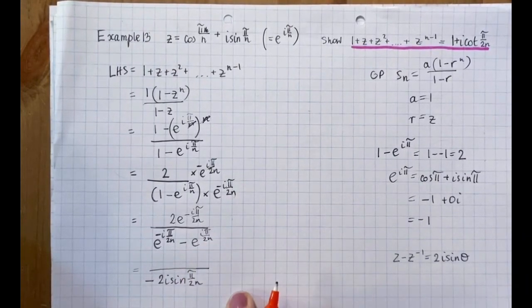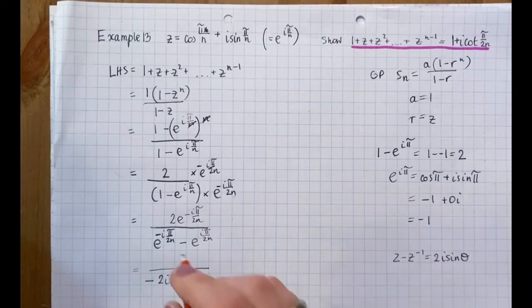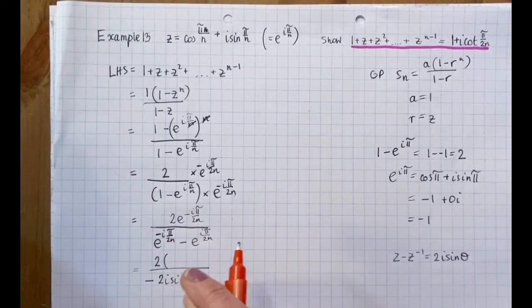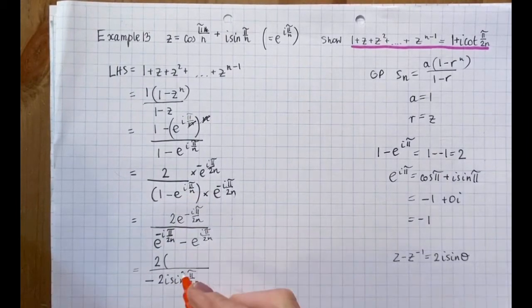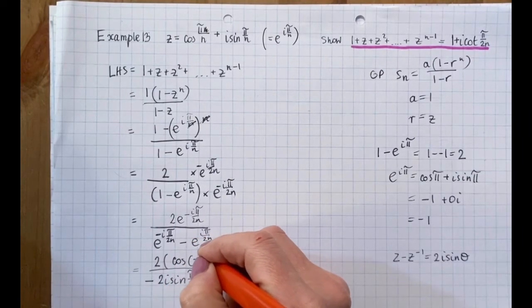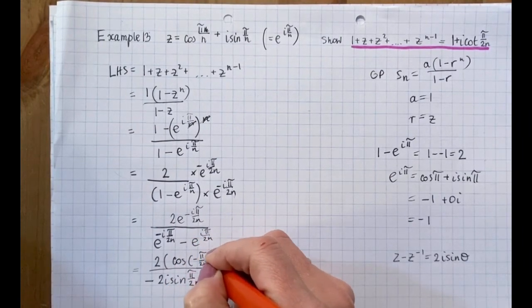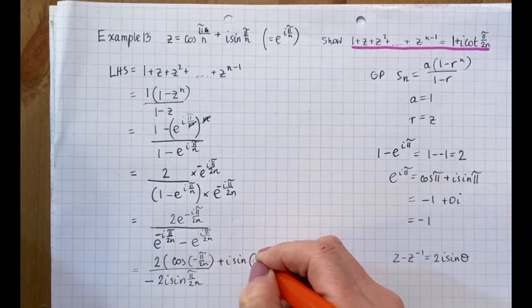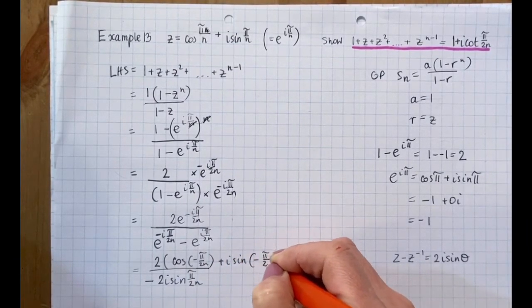In the numerator, we can express this in the trigonometric form. Now we've introduced trig form in the denominator, let's do it in the numerator. So this is simply cos minus pi over 2n plus i sine minus pi over 2n.